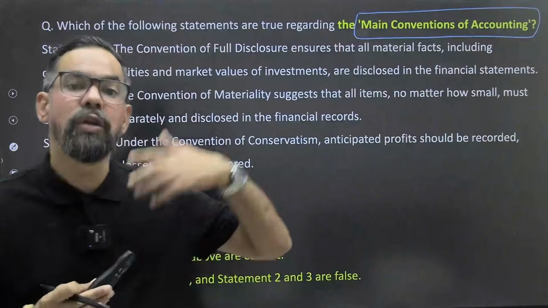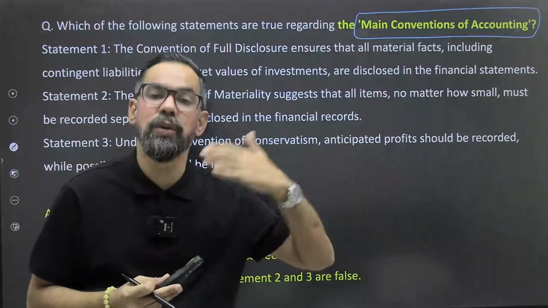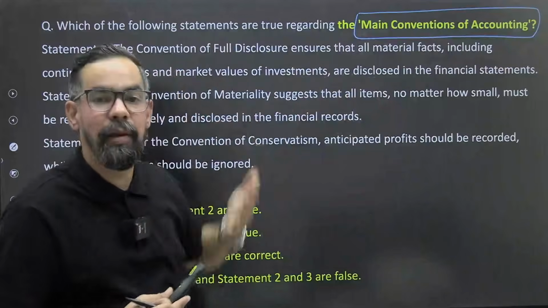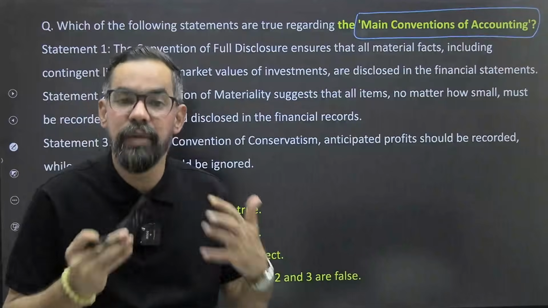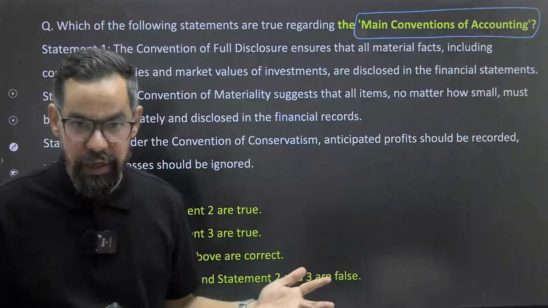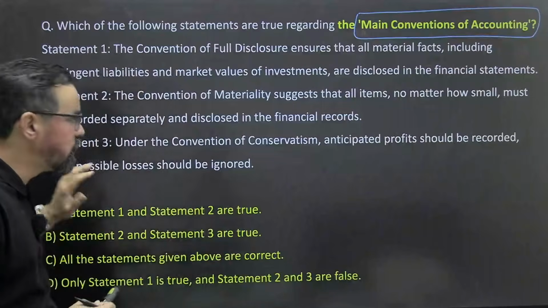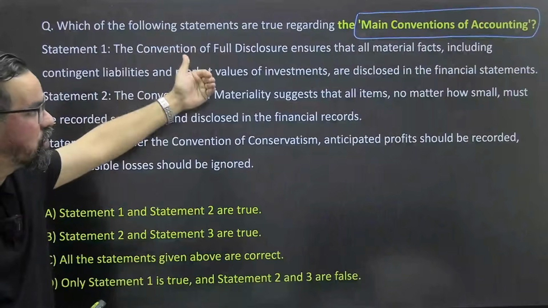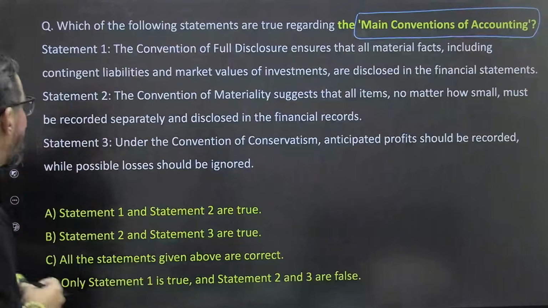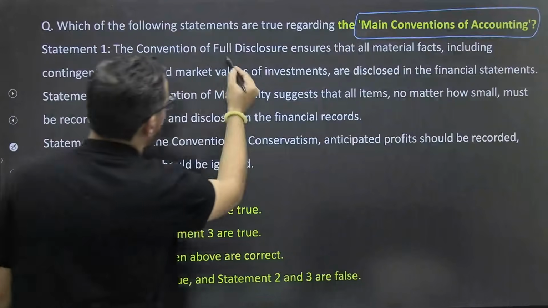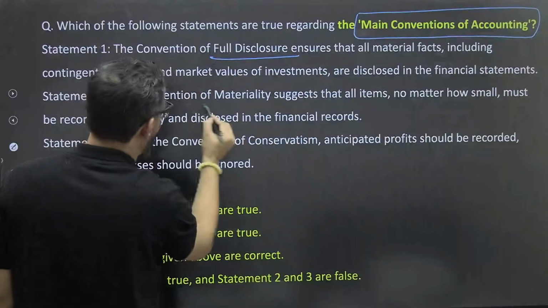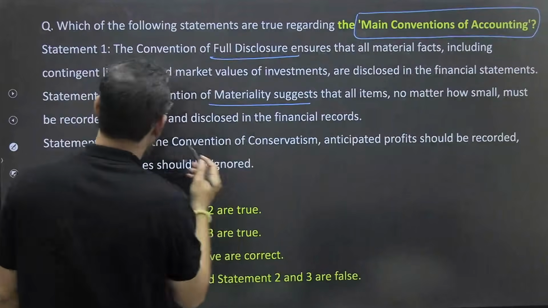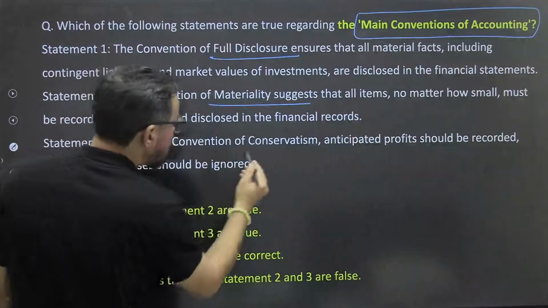While you report things, when it comes to reporting, we have to apply the conventions. Conventions means principles of accountancy, right? So these are some principles: full disclosure, materiality, and the third one is conservatism.